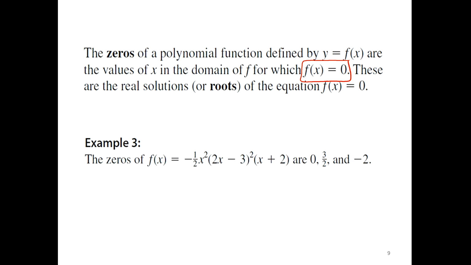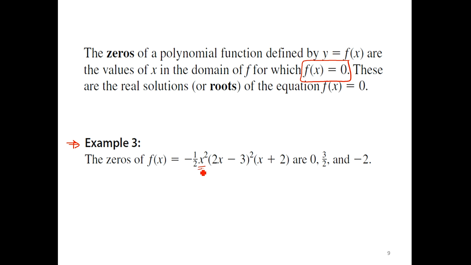This is the real solution. Also, we can call these the solutions of f of x, or roots of f of x. Look at this function in example 3. We need to find the zeros of the function, meaning find the value of x that, substituted in f of x, gives 0.